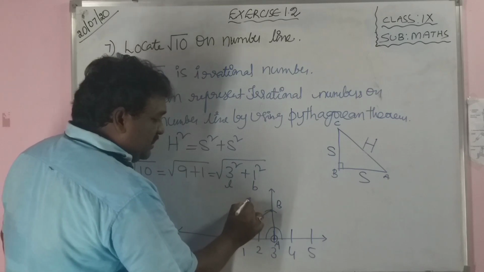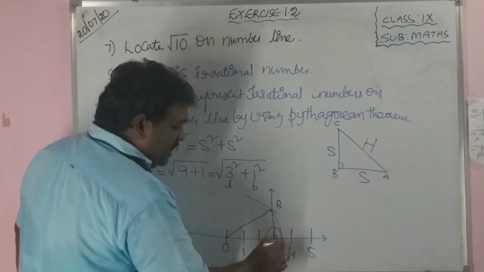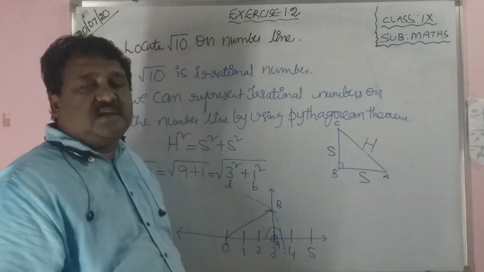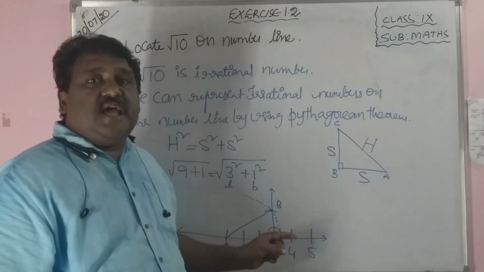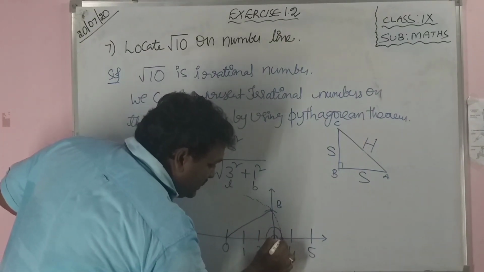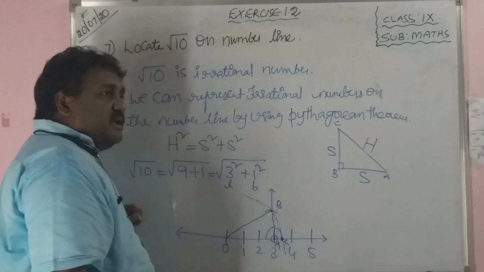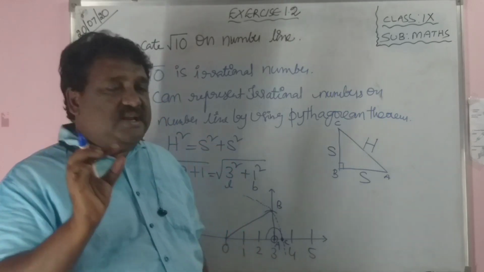Draw an arc with O as center and OB as radius. The arc touches the number line at a point C.